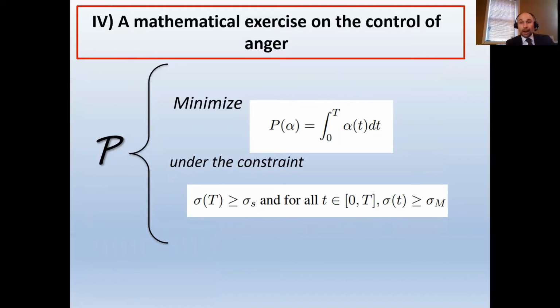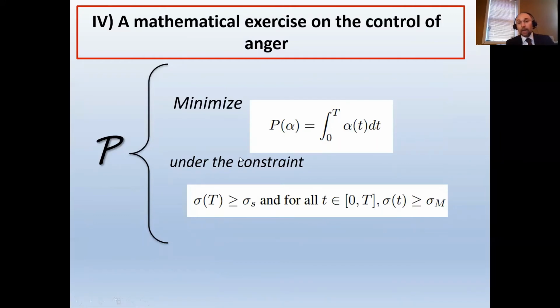So I want the minimum effort principle. This is a principle in nature. Everything tries to minimize energy. So I want to minimize the integral between 0 and capital T of my alpha.